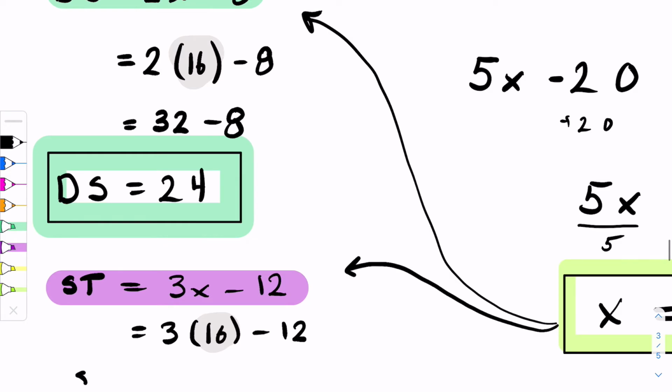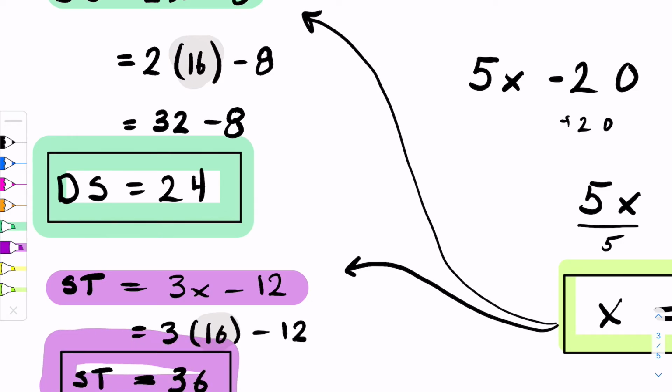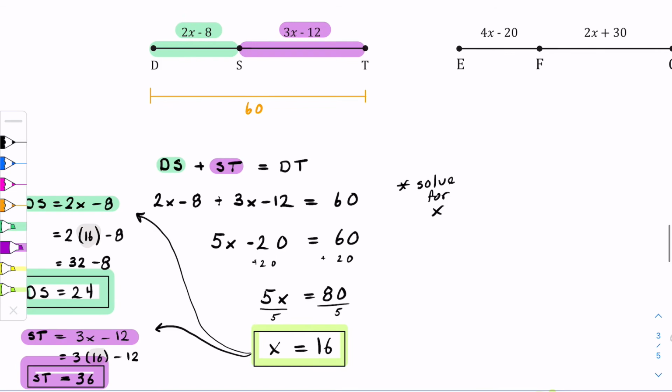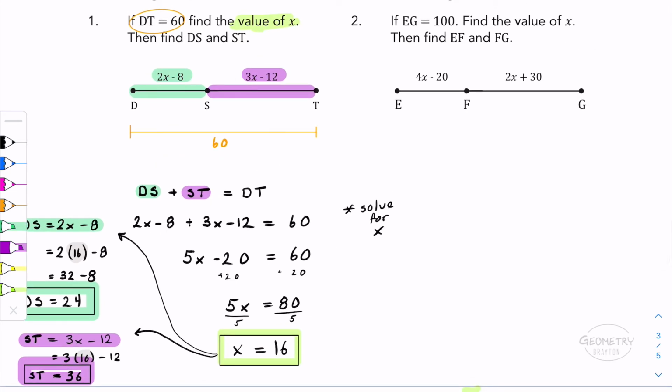That's 48 minus 12. That means ST is the length of 36. And that's your answer for number 1. So you solve for x, and then you substitute back in, and you solve for each segment.